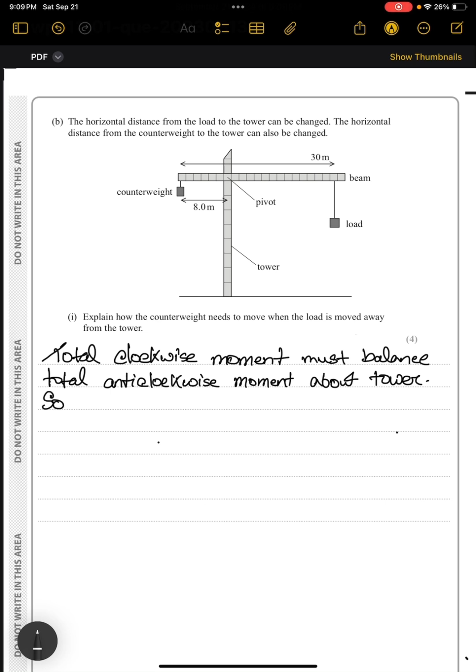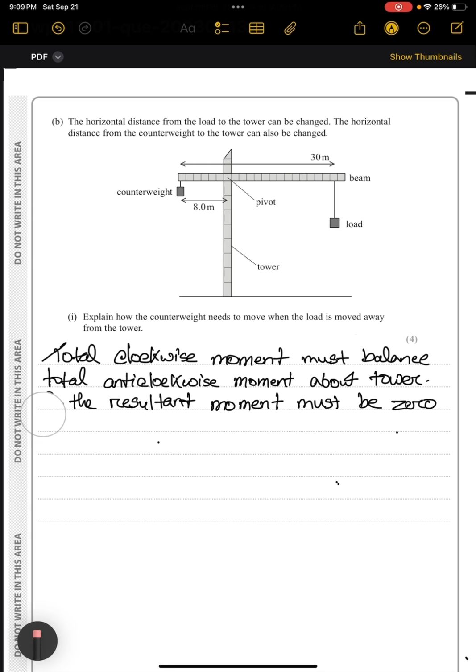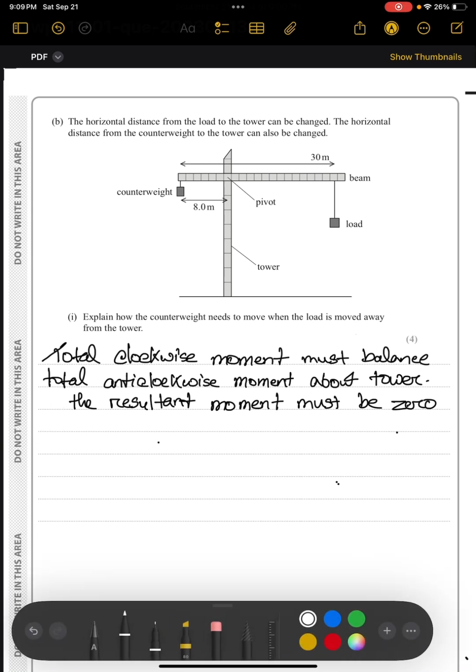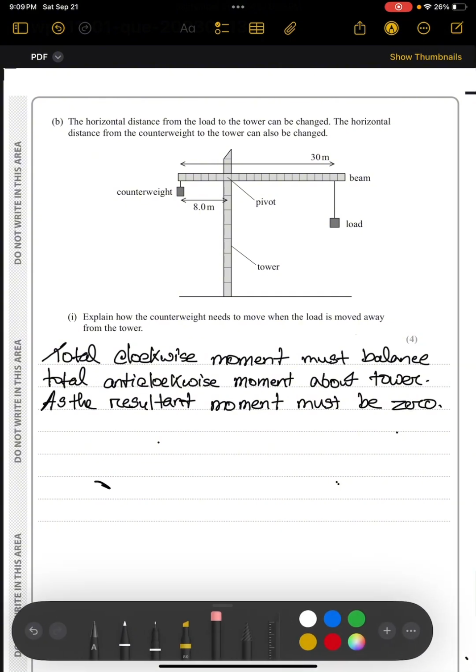So that, as the resultant moment must be 0.